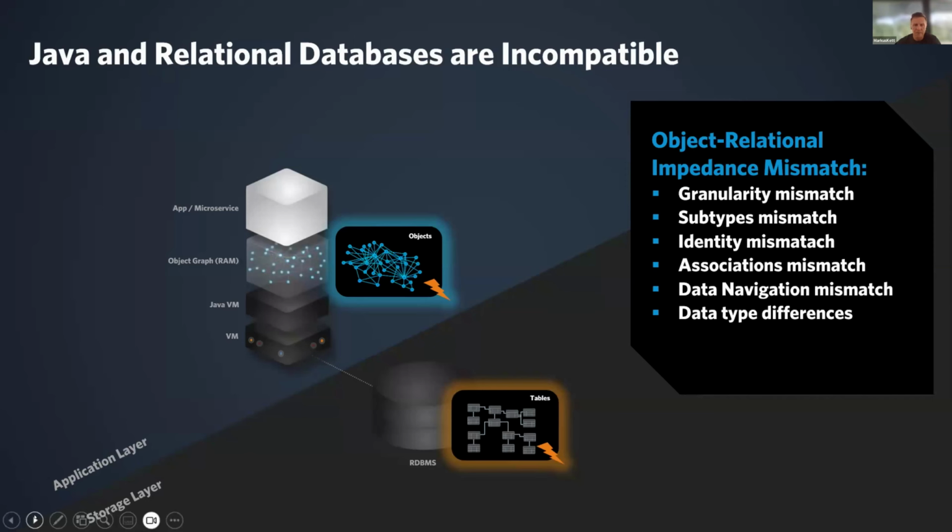But I think the big challenge is with relational databases in Java, you have to build your object model and you have to adapt your object model to the relational model. So this is very important. And by the way, this is the same with all databases. The databases come up with their individual data structures, data types, and we have to adapt our object model, our Java types, to the database specific structures and types.